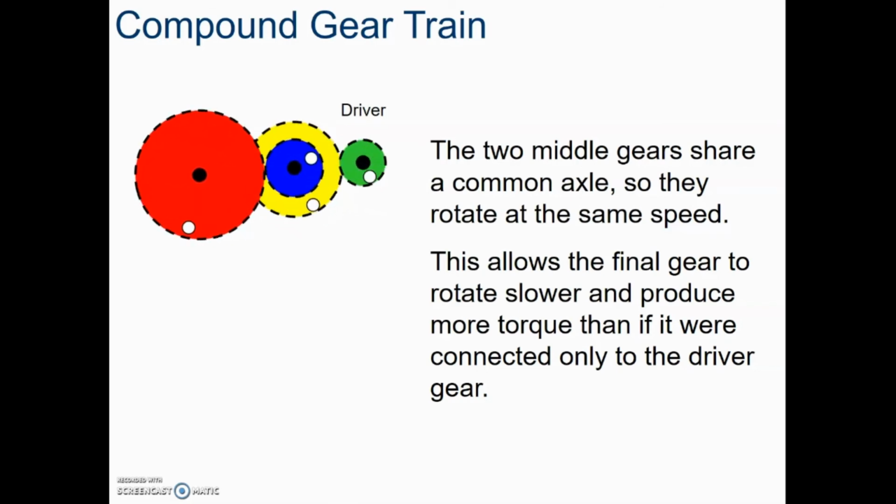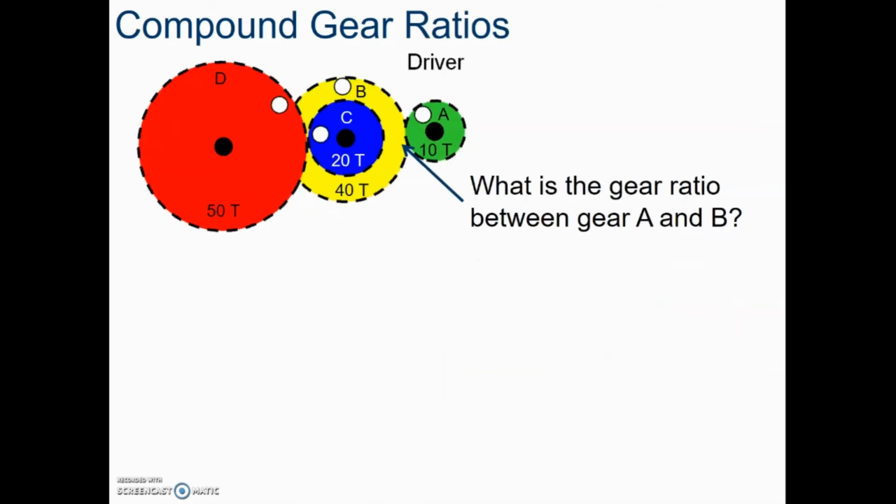So if we look at the red one, we have a very slow speed, which means we have a high amount of torque. So instead of just combining the green and the red, we can use a compound gear train to get a whole heck of a lot of torque to do whatever we need to do essentially. So let's do kind of a similar calculation, but for a compound gear train.